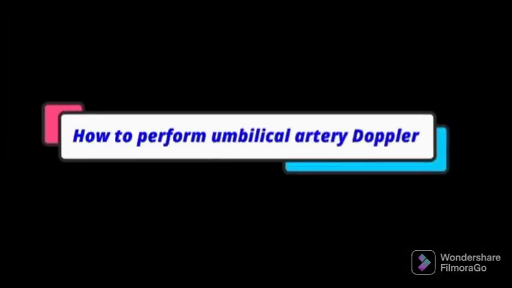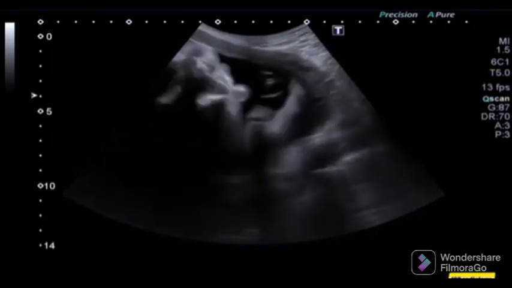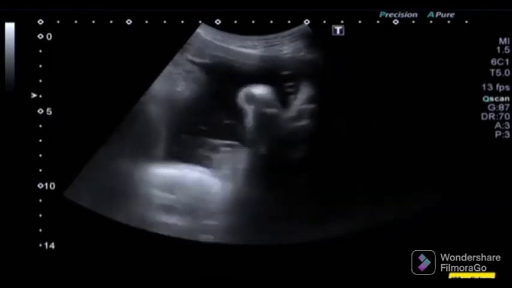How to perform umbilical artery Doppler. Identify a free loop of the umbilical cord.